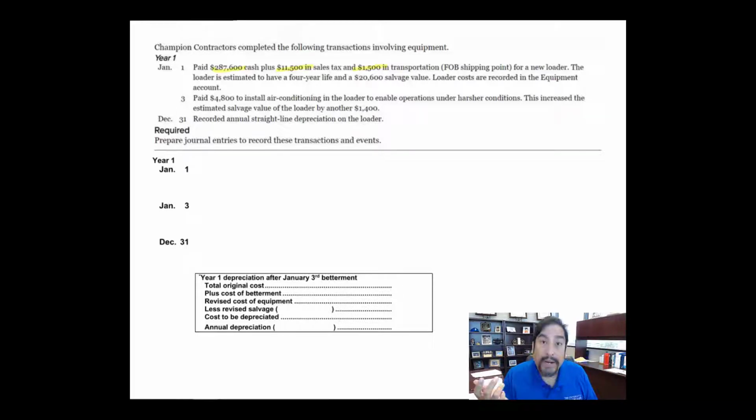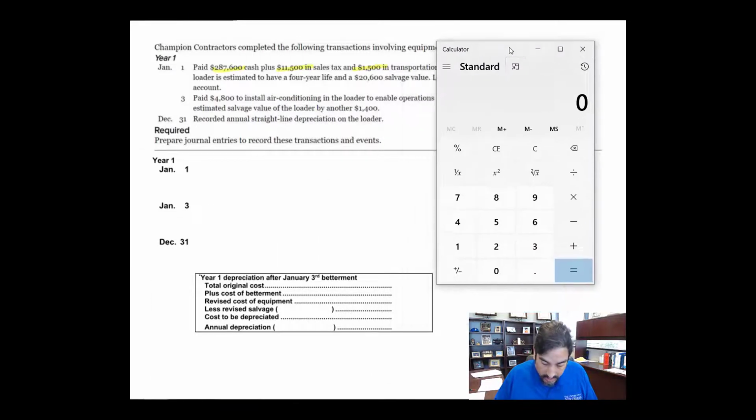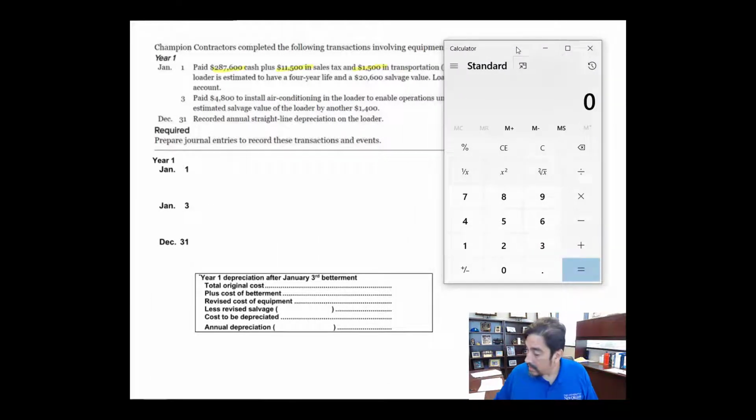It says prepare the required journal entries. So I'm going to do that January 1st one first. Pull up the calculator. 287,600, 11,500, and 1,500 is $300,600.